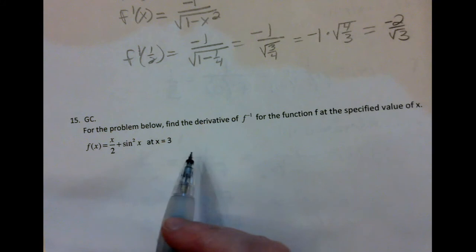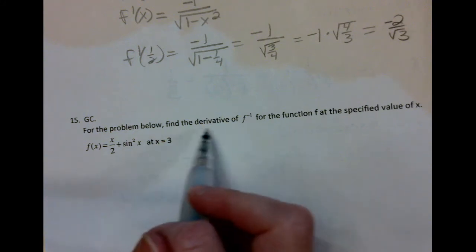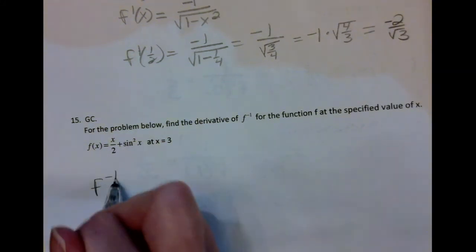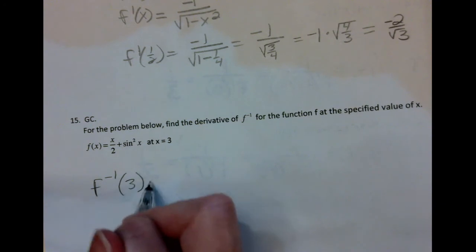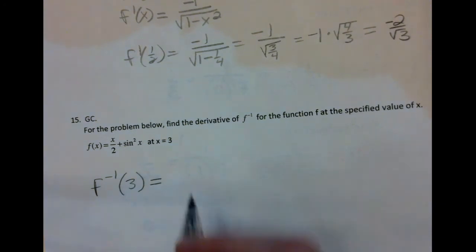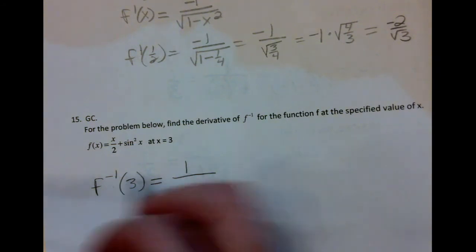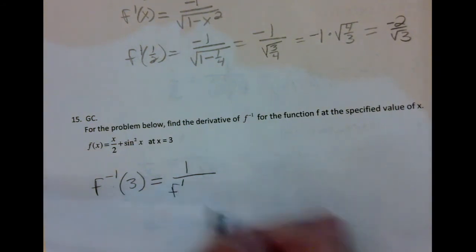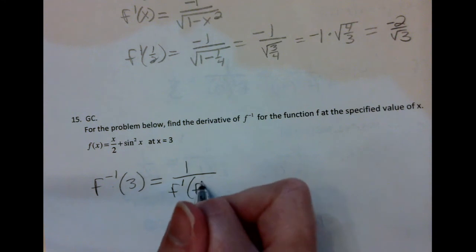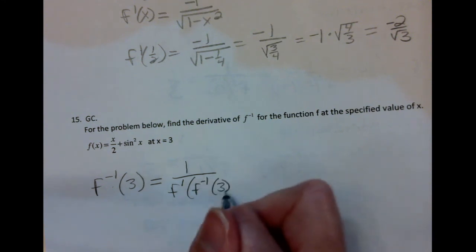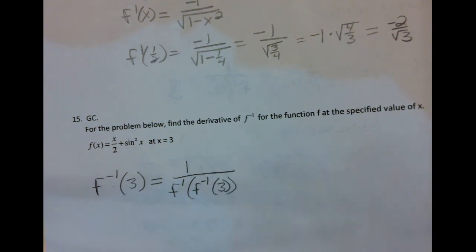Before we get to that, we're going to say the derivative of the inverse at 3: flip, flip, flip, flip to create a fraction, 1 over, flip back to the original, get its derivative, and then flip back to the inverse at 3. There's my setup.